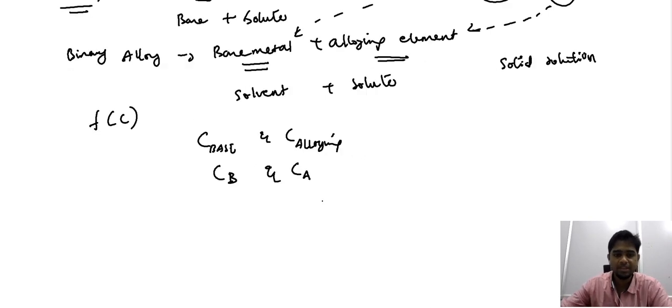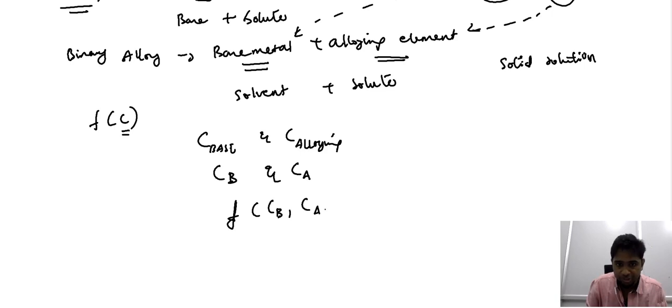So when we extend our understanding, for unary system, which comprises a single component, we have a function that is based on C alone. When you extend that understanding, the expression for the free energy of a binary system should include the concentration of the base metal and the concentration of the alloying element.